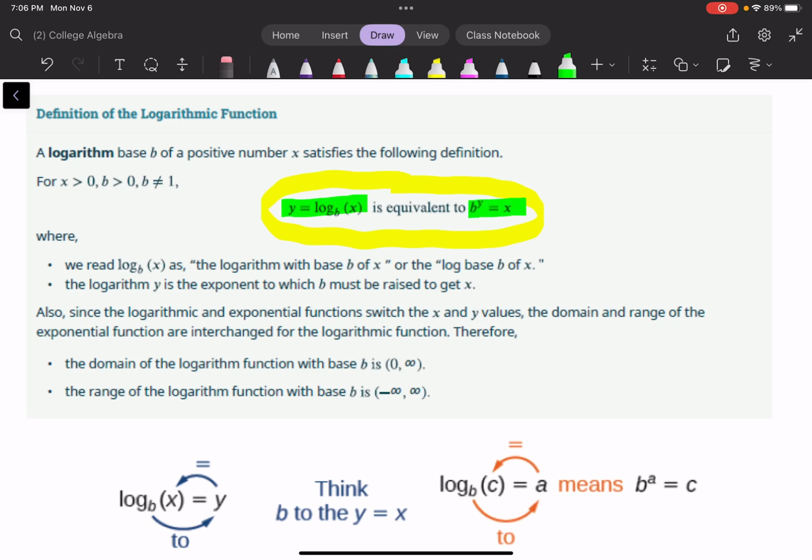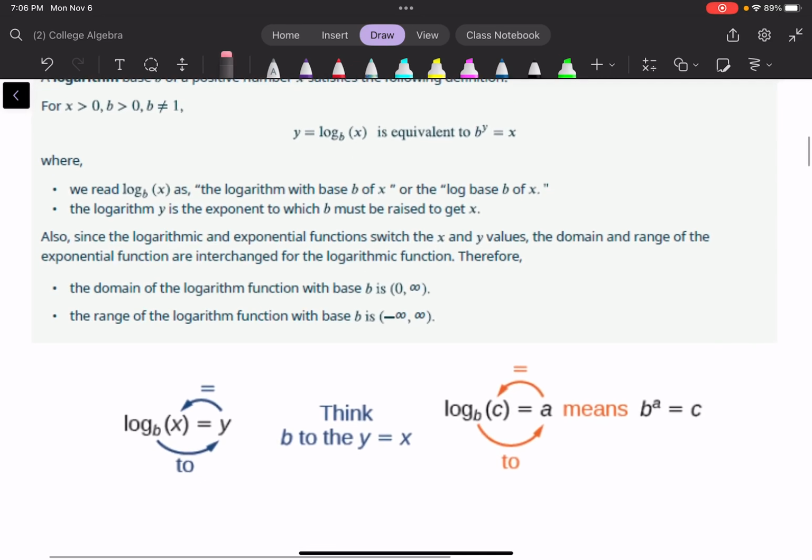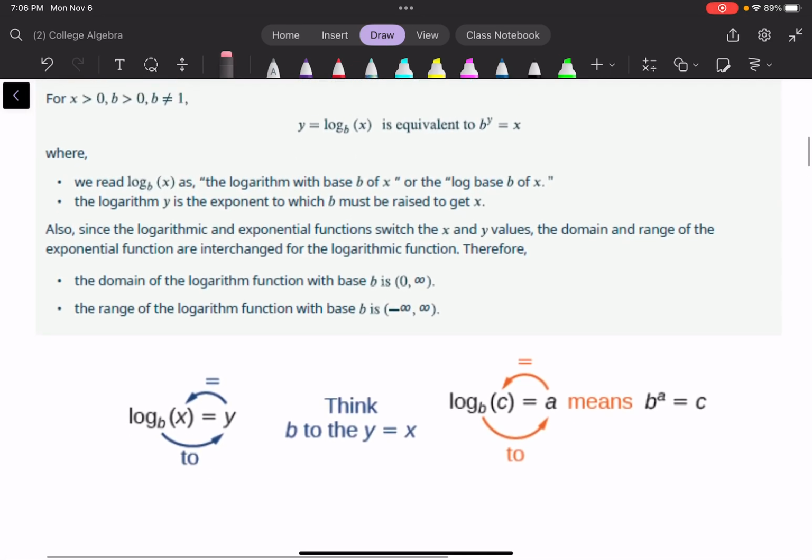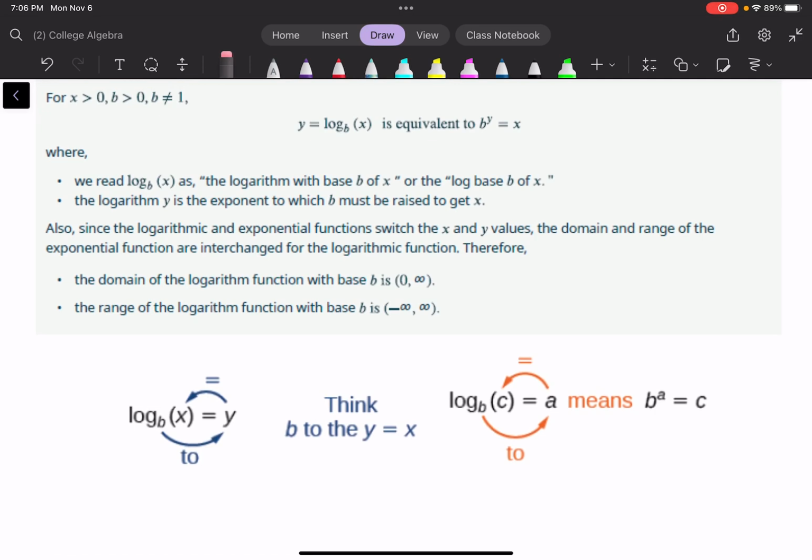These two are equivalent, and we're just changing around the location of the variables. That's going to be one of the tools that we use to analyze logarithms.